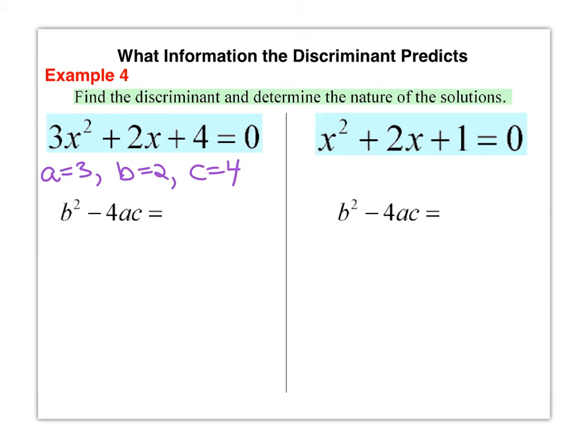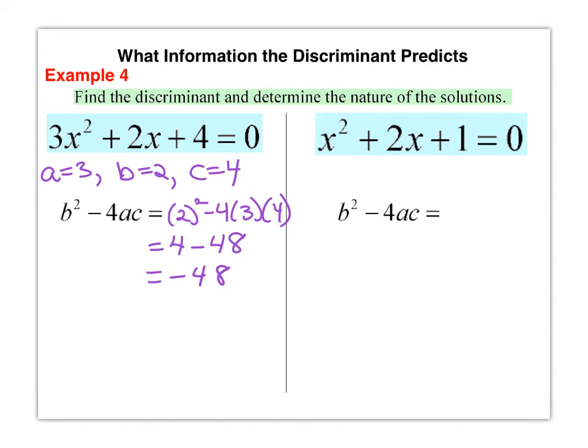So b squared minus 4ac can be found as 2 squared minus 4 times 3 times 4. When you simplify this, you have 4 minus 4 times 3 is 12 times 4 is 48. 4 minus 48, we end up with a negative 48.